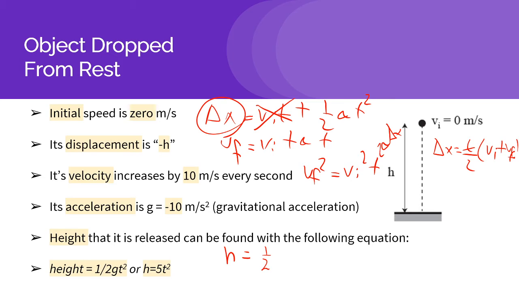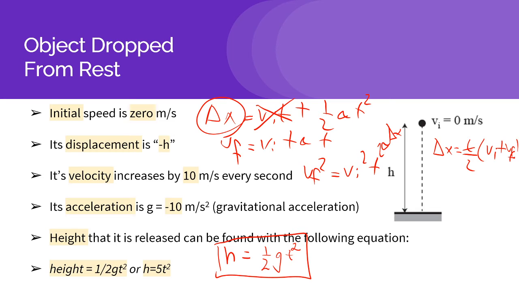Your acceleration for all free-falling objects is g, so it is 1/2 g t squared. It's not a new equation, it's just writing the equation with the given variables. Then you basically have a simpler version of the kinematic equation: height equals 1/2 g t squared.